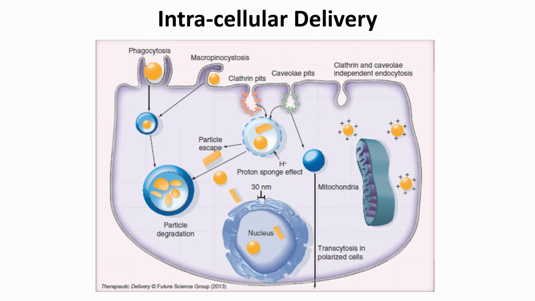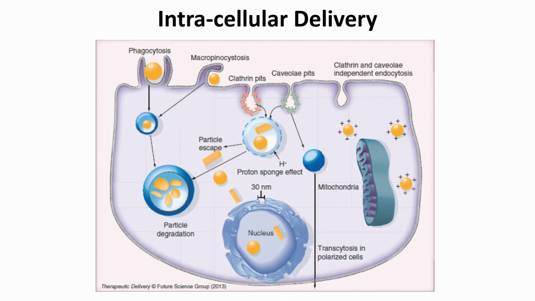Okay, so briefly I had mentioned in the previous class that these particles can also be used for intracellular delivery, and what do we mean by that? Let us say this is a cell that we have a picture of. Cells have evolved different pathways through which they can take up external material. This could be glucose or any energy source that they need, or food for some pathogenic cells.